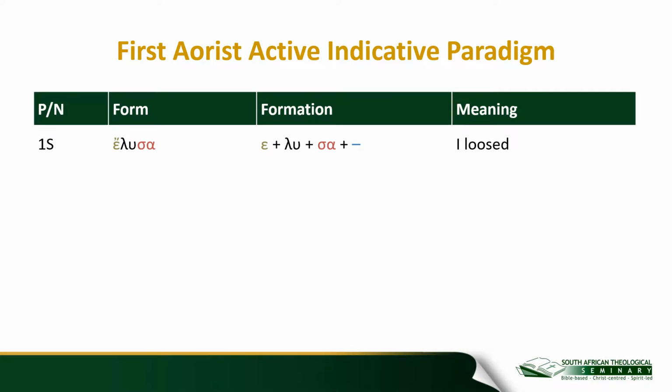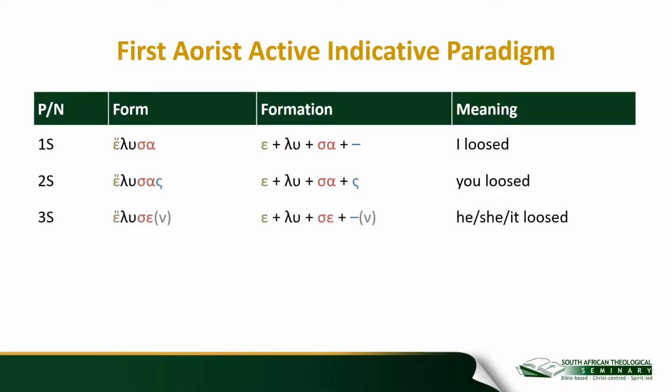The second person singular, elisas, from the augment epsilon, tense stem li, tense formative sa, and the personal ending sigma, elisas, you loosed.